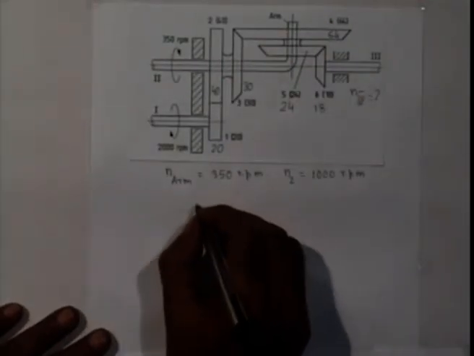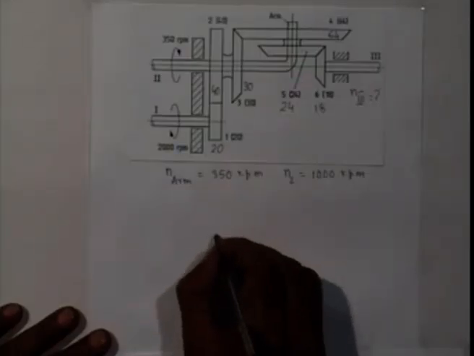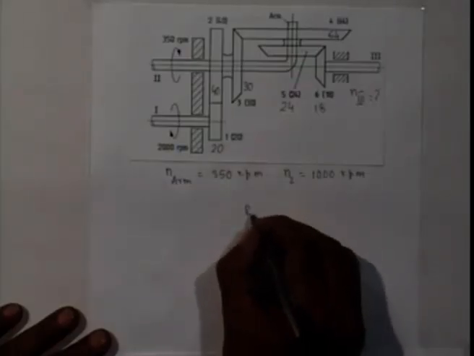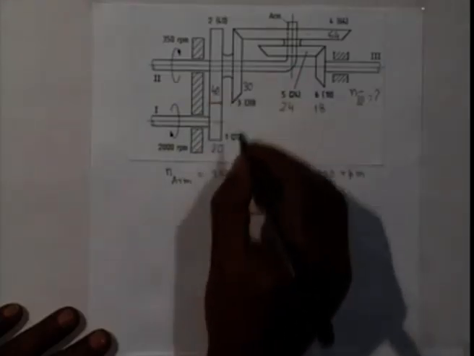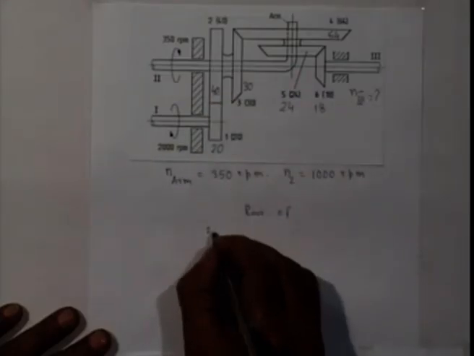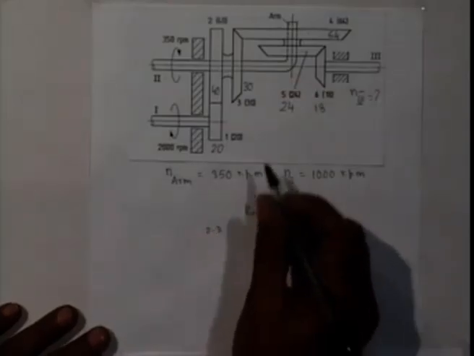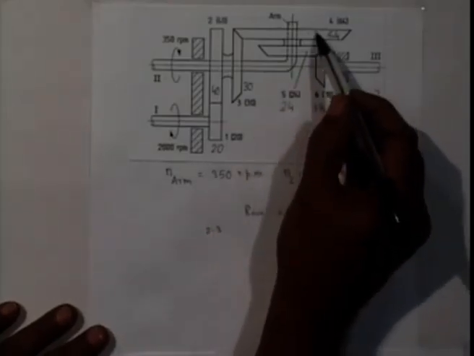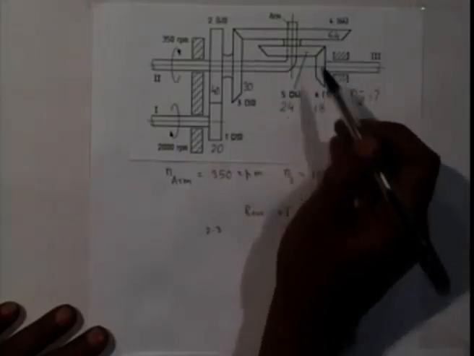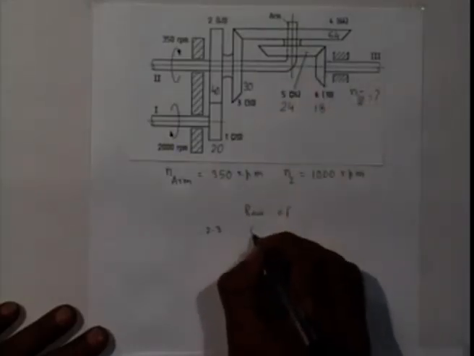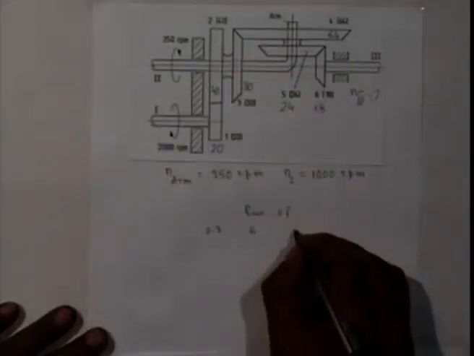So, what does it consist of? We can write the same table, revolutions of gears 2 and 3, which is same, then 4 and 5 we are not interested in, that is intermediate gear. So, we write gear 6 which is rotating about the same axis like gear 2 and 3, and also the arm which is rotating about this axis. So, we write arm.